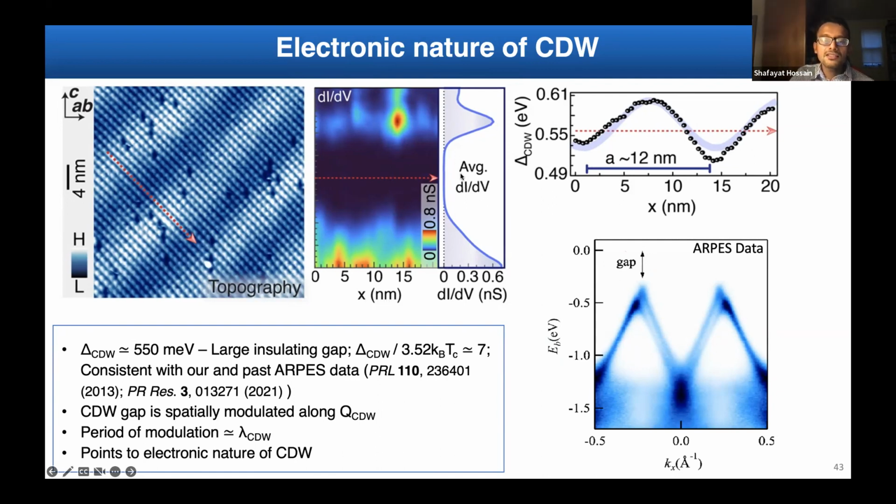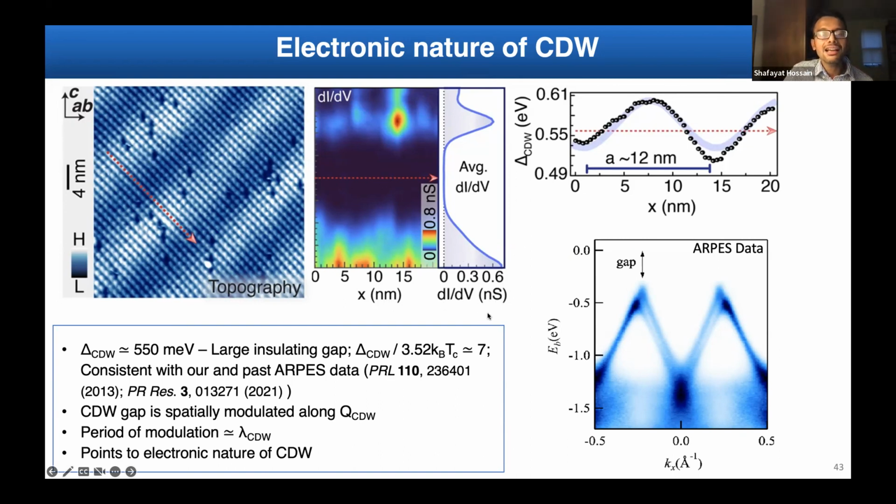So this is another very large gap system, and it is also modulated by the charge density wave period. Here, for example, it's modulated by around 12 nanometers, very close or almost equal to the charge density wave wavelength.